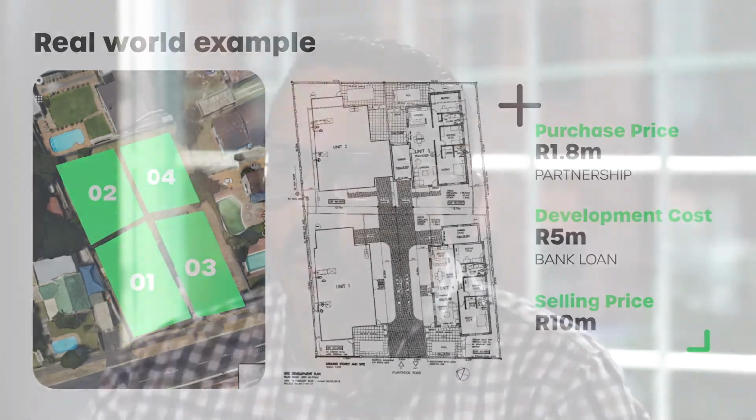Now, if you take the 1.8 million Rand that we invested originally, plus just over 5 million Rand that we got from the bank as development finance, we then, through the partnership, putting cash in at 1.8 and the bank's development finance of 5 million plus, made a profit of about 2.5, almost 3 million Rand from an initial investment of only 1.8 million.